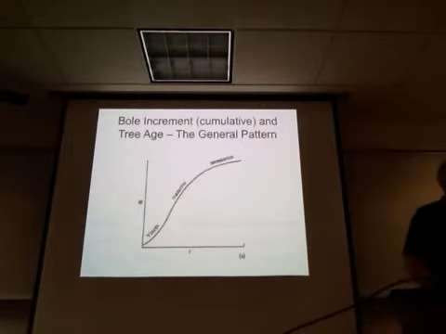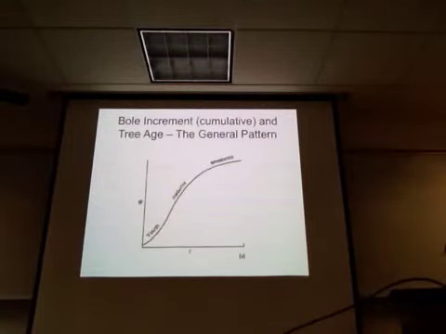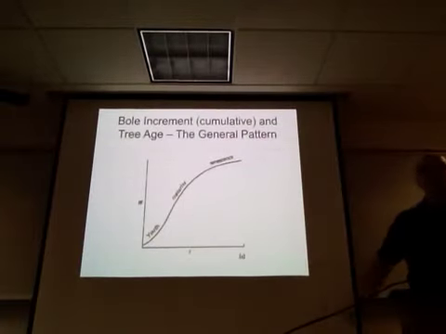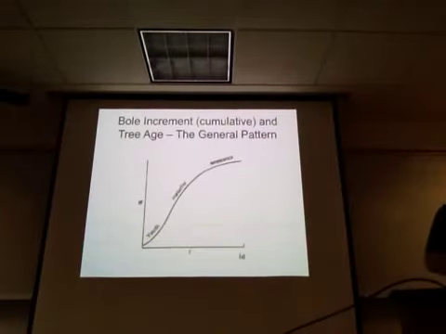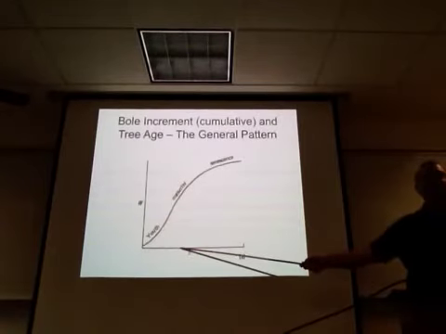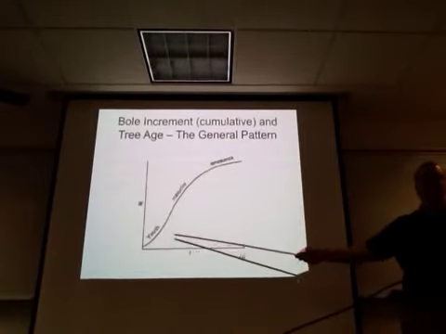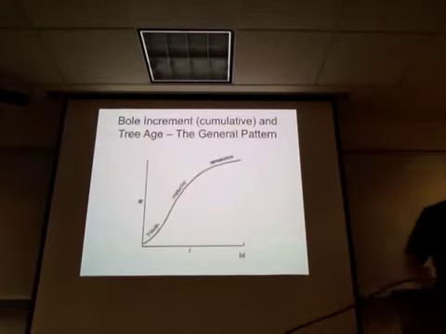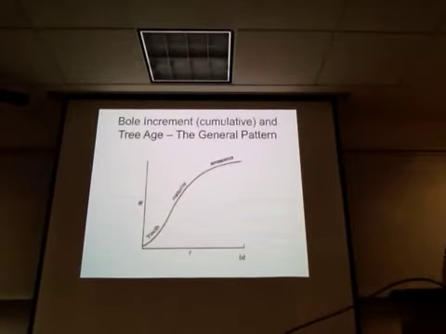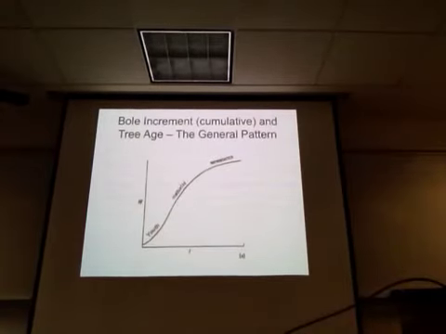That has a name in mathematics, calculus. Anybody had calculus and remember what that point is called? Inflection. Inflection point. That's the inflection point. So we can find that point mathematically. What do I mean, find that point? Find the age or the time of the transition from tree growth increasing at an increasing rate to increasing at a decreasing rate.